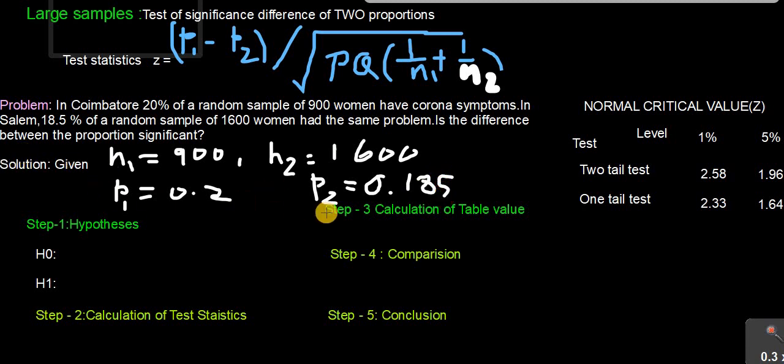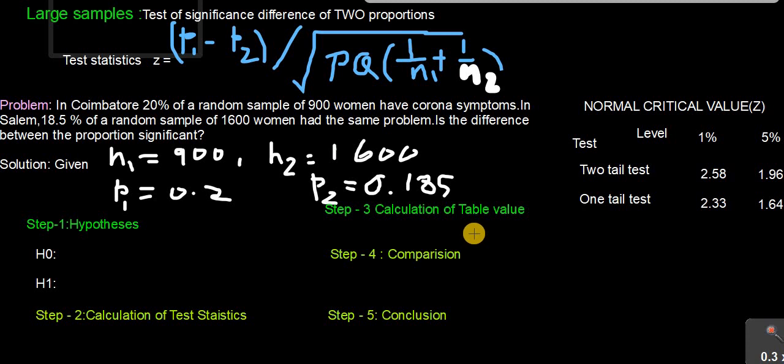So P1 given, P2 given, N1 given, N2 given. How can we find out? We can substitute P1, P2, N1 and N2 in the formula, but we need to find out what capital P and capital Q are. Let us find out the capital P first.